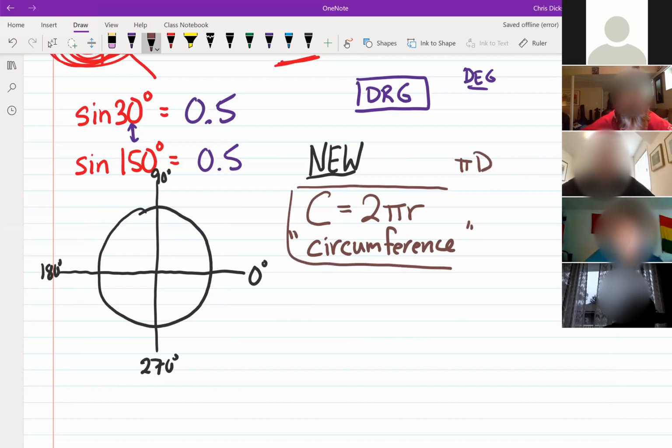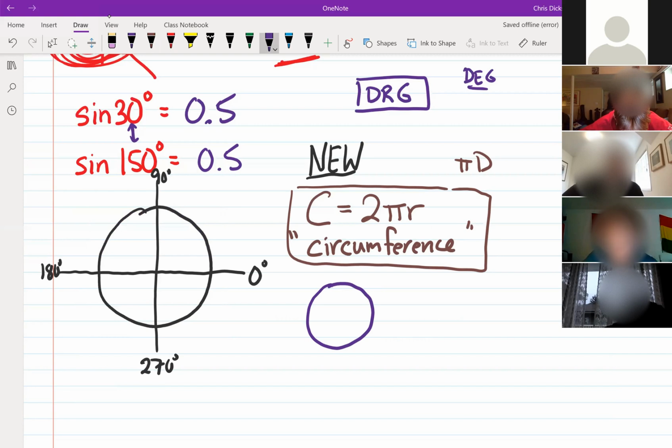Okay. So let's say you had a circle, a piece of pie maybe. Let's say you were told that C equaled 20, so the distance around this circle was 20 centimeters, say.